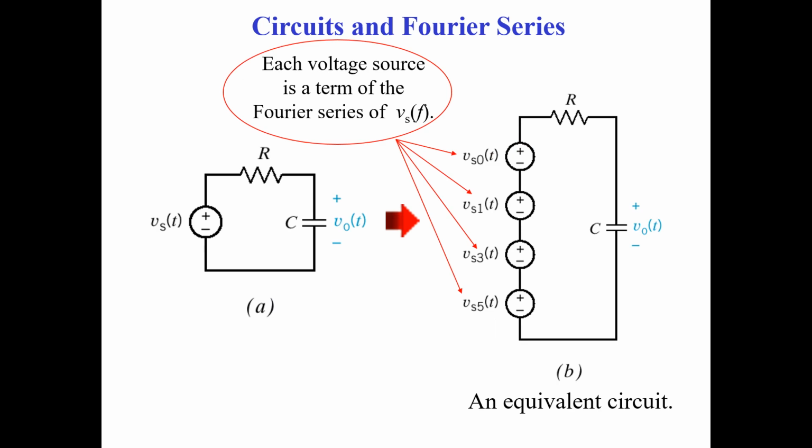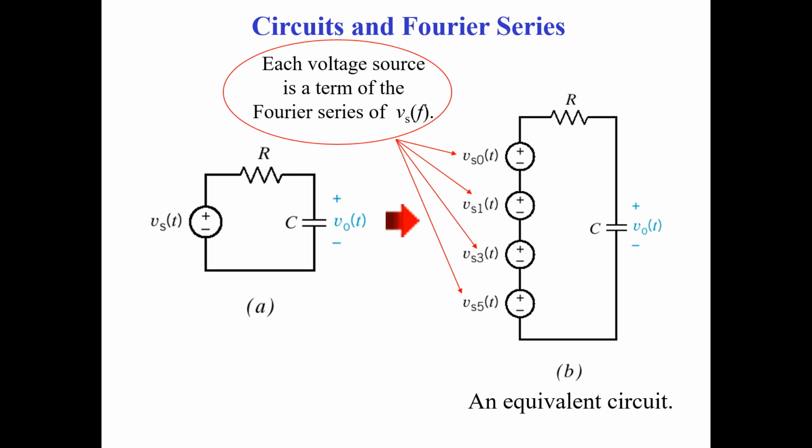You just break your source into Fourier components like V0, V1, V2, V3. Take the voltage division rule, add all the voltages across this capacitor, and you will see that the waveform is similar to that one.